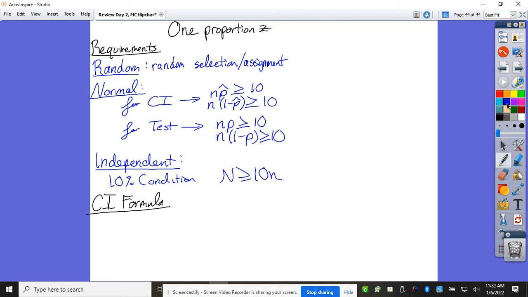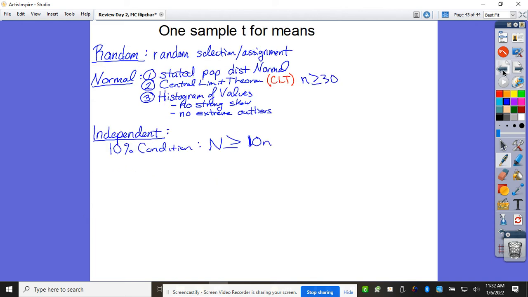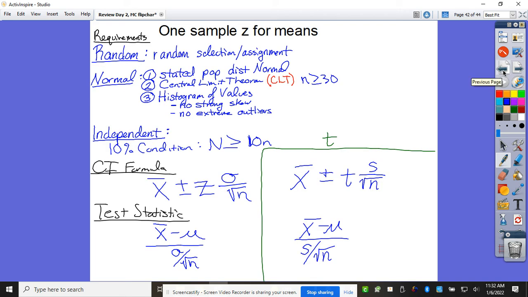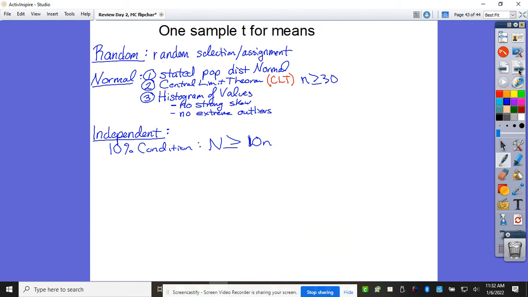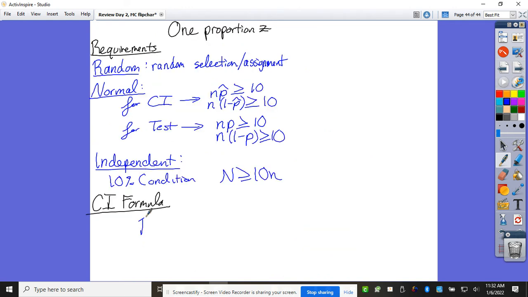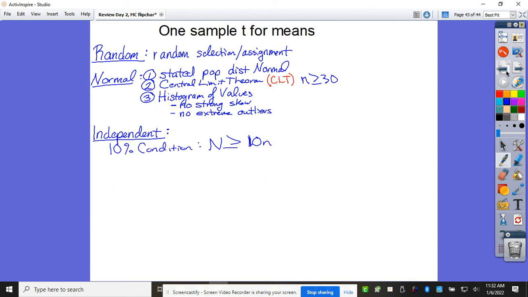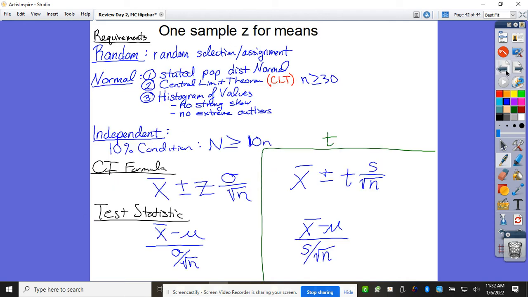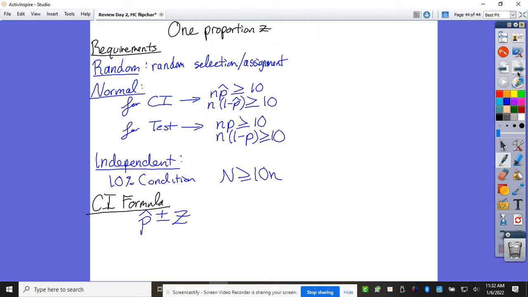So our confidence interval formula, instead of starting with x bar, it now starts with what? P hat. I usually have the decision of Z or T, but because it is a proportion, it has to be Z. And where it was sigma over square root of n or s over square root of n, for proportions it is the square root of p hat times 1 minus p hat over n.